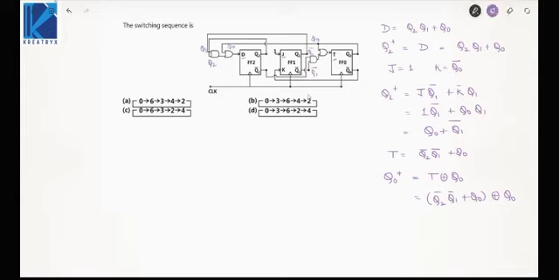Okay. So now if I want to form the switching sequence, Q2, Q1, Q0, Q2 plus, Q1 plus, Q0 plus, and let me make a column of T also, because the expression of T is very complicated.